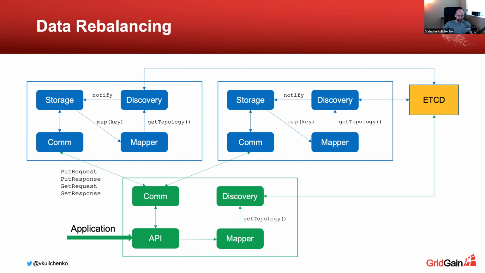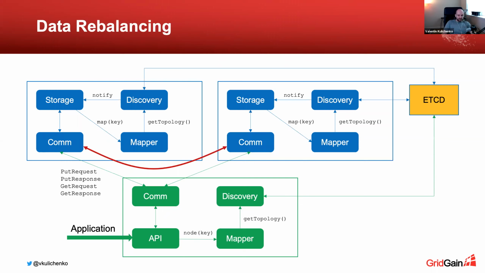Based on the same mechanism, the mapper will go to Discovery for the topology, do the hashing, and tell the storage back which node this particular key should be stored on. And then the storage will decide: if this key belongs to this local node, it will keep it. If not, it will send it to the node where it actually belongs. And this, of course, will happen through the communication layer.